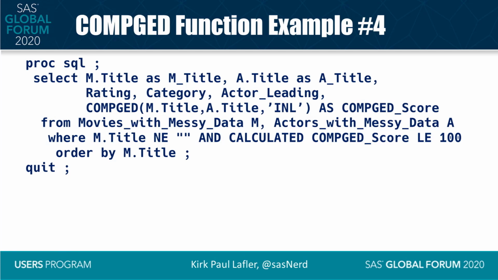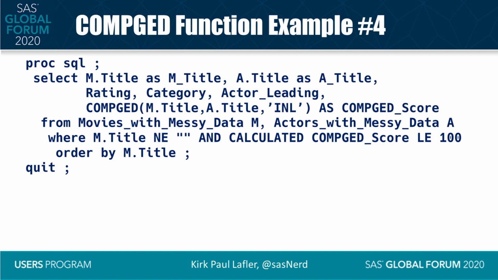It's going to essentially remove the leading blanks. And N, it's going to process the quotes around the data values themselves, and remove those. And we want to display the CompGED scores where it's less than or equal to 100 in ascending order by movie title.